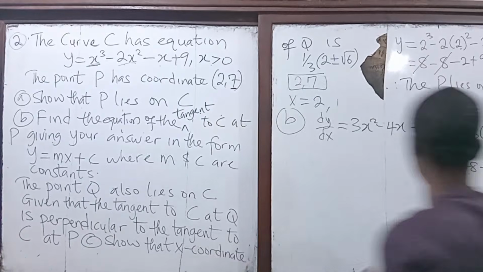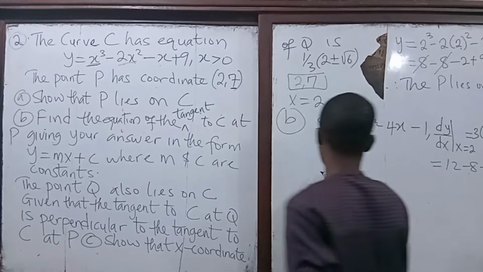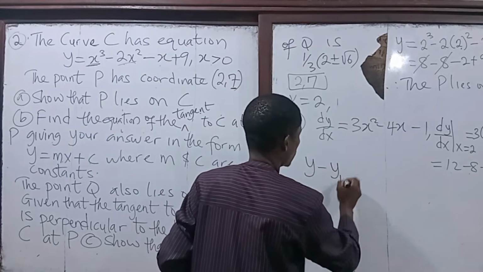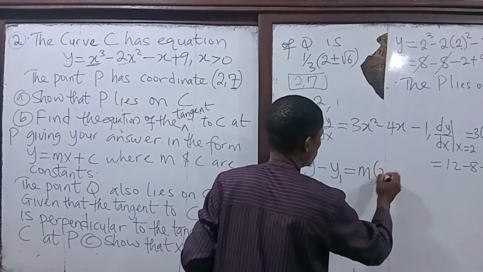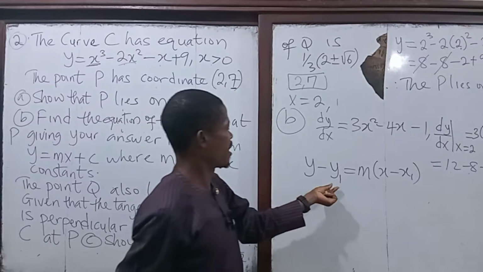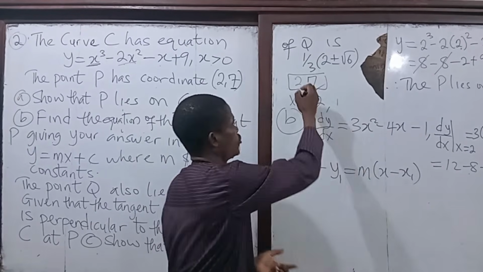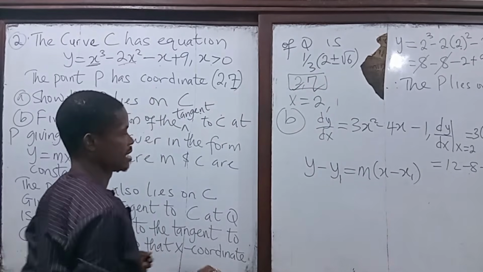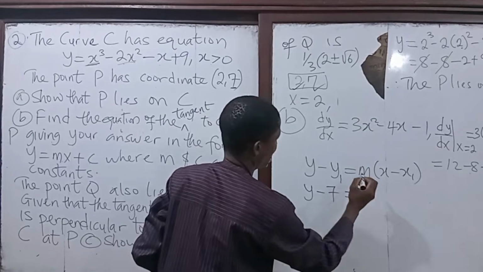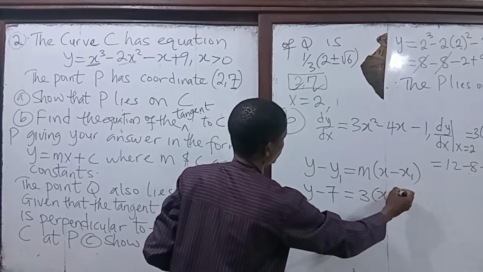Let's quickly get the equation of the tangent using this equation. The y1 is 7 and the x1 is 2. So y minus 7 equals m, which is 3, times x minus x1, which is 2.